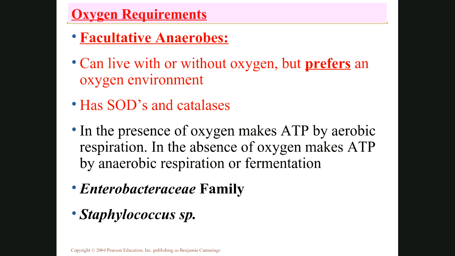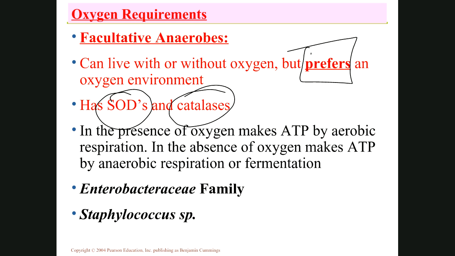Let's go for the middle ground. These guys are incredibly lucky. These are the ones that can do everything. They can live with or without oxygen. However, they prefer oxygen because oxygen makes them more efficient. They have catalases and SODs.